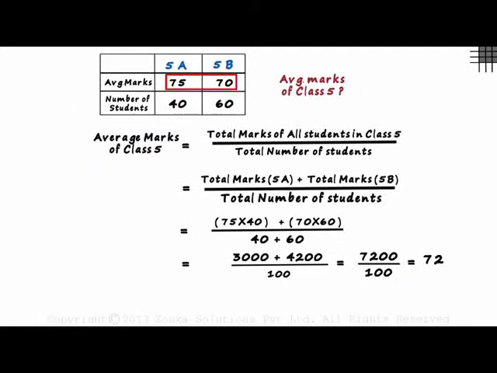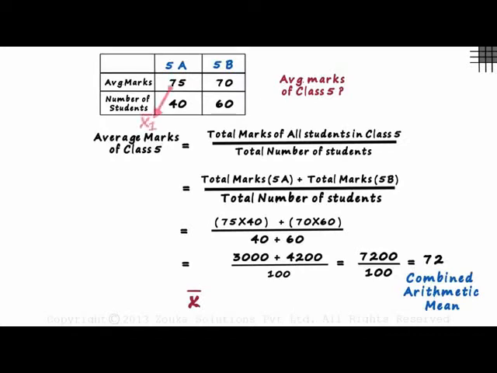With two means and two total numbers of them, we could find the combined mean of the entire class, which is why this is called the combined arithmetic mean. We can write the combined arithmetic mean as x bar. The bar is generally used to represent the mean or the average.